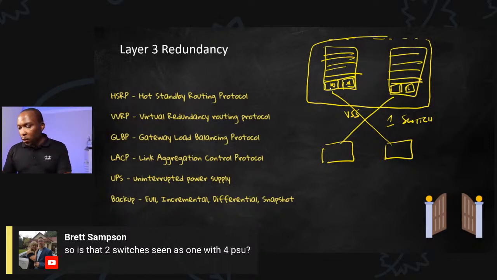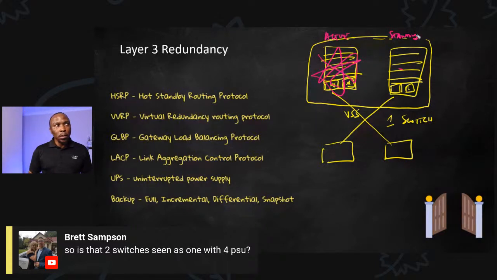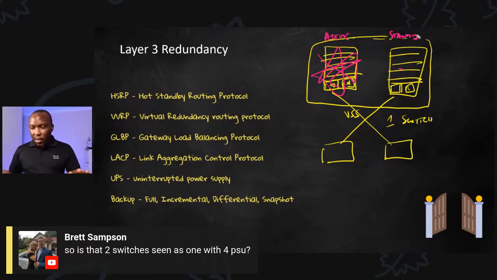And if one of these switches was to go down altogether, the other one takes over and they run in an active standby mode. So the one is active, other one is standby supervisor engine. The ports will be functional. Supervisor is the brain of the switch.